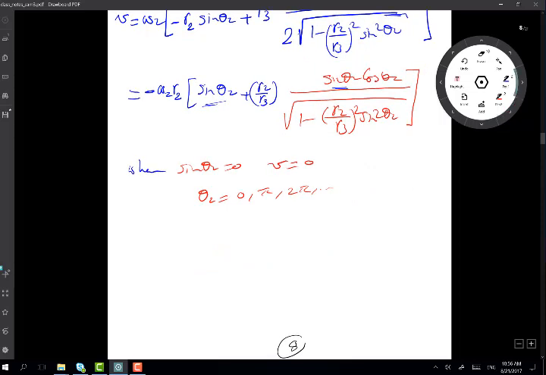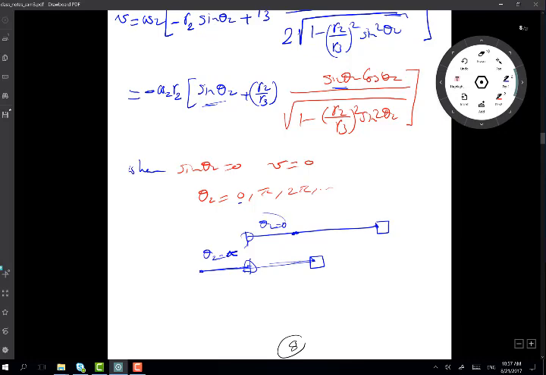And you can tell this is common sense, because when theta 2 is 0, this means the slider is at its maximum throw at this end here. Theta 2 here is equal to 0, theta 2 here is equal to pi, and then the slider is here.